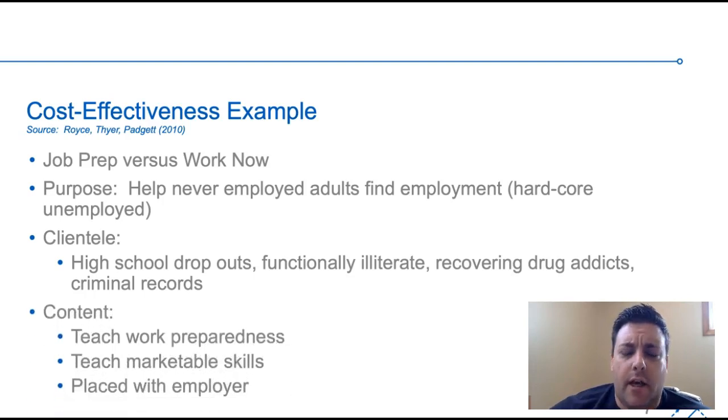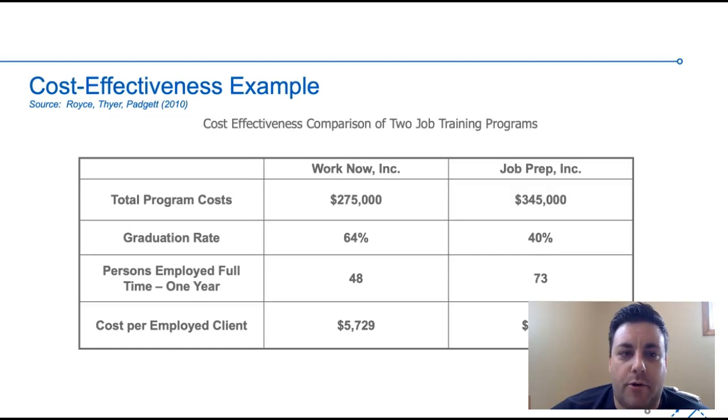Both Job Prep and Work Now were intensive, high contact programs between workers and clients that taught marketable skills and work preparedness, placed them with an employer, and then provided support through the first couple of months of employment. So it was high contact between worker and client, which of course drove up the cost.